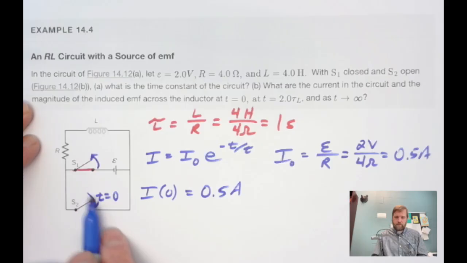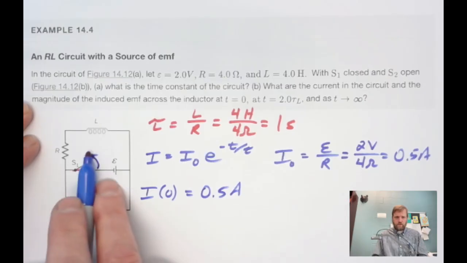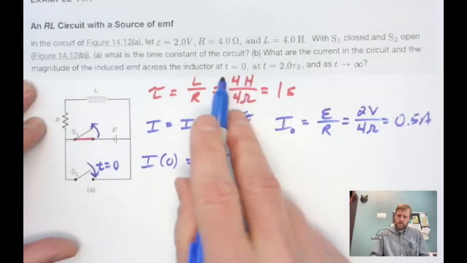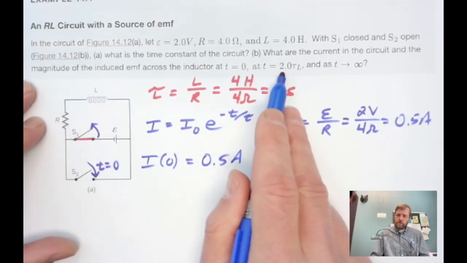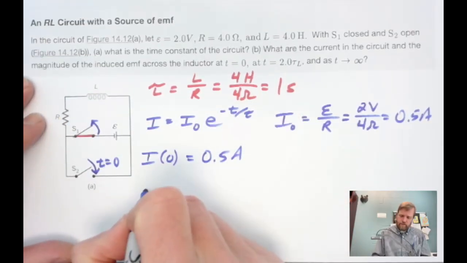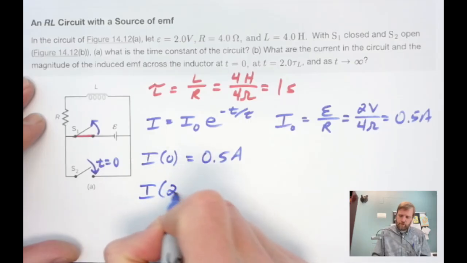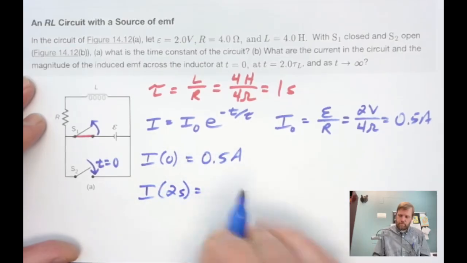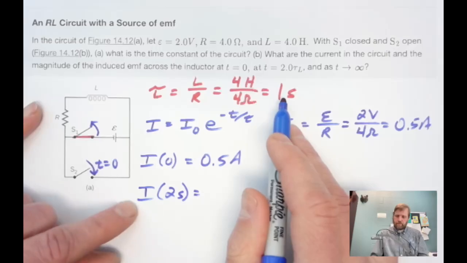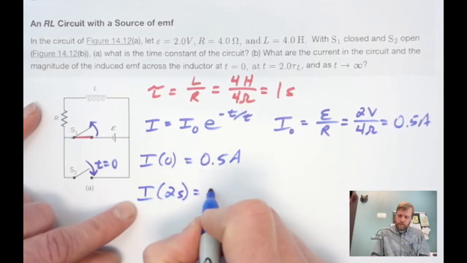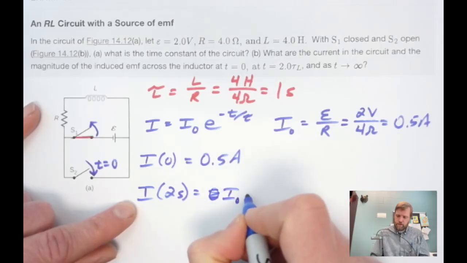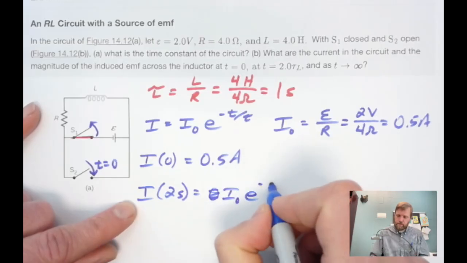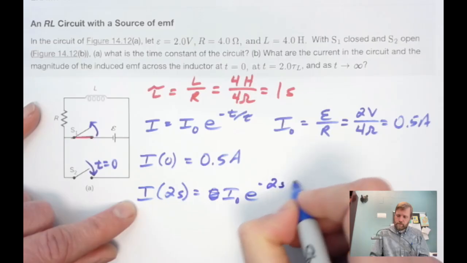It's the initial current in the circuit when S2 is closed and S1 is opened. All right, what is the current in the circuit at t equals 2 tau? That's going to be 2 seconds because tau is 1 second. So I just need to plug in I0 e to the minus 2 seconds over 1 second.